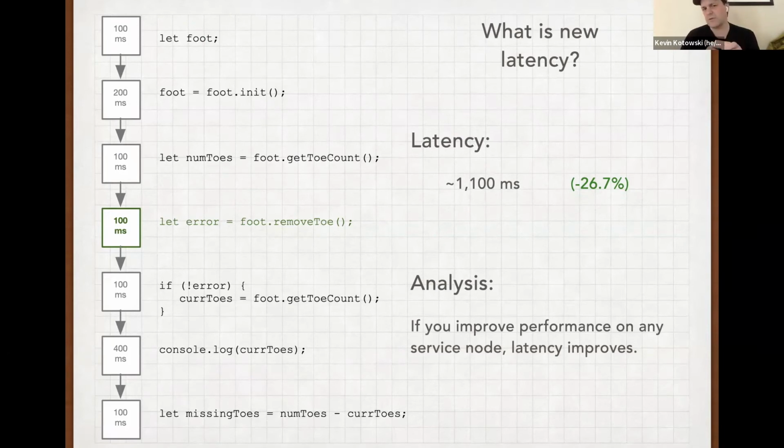I maybe should clean this up a little bit more here, but what I'm trying to get at is, in general, especially when you've got the dependent stream, especially for the straight line latency, improving one of the processing nodes will improve your overall latency.